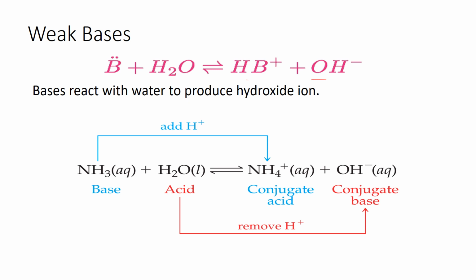You see that this NH3 gains a proton to give us NH4+. And then the water loses a proton to give us the conjugate base. So our definition of acids and bases in terms of a proton, gaining a proton or losing a proton, proton donor or proton acceptor, we can basically see it through this reaction.